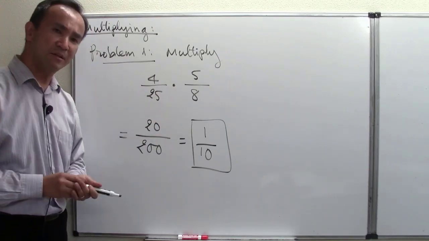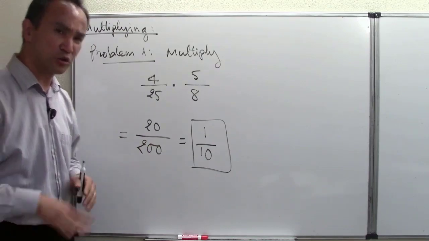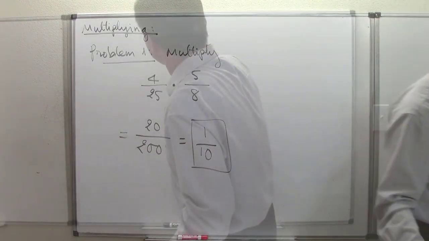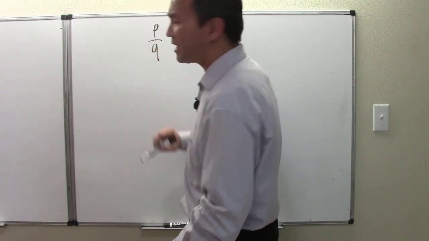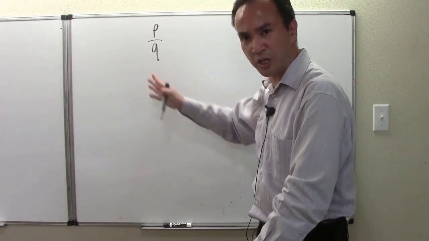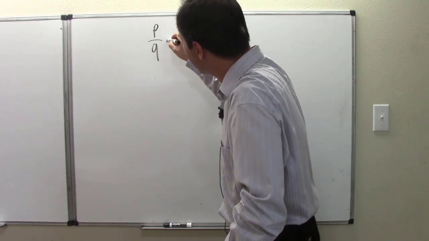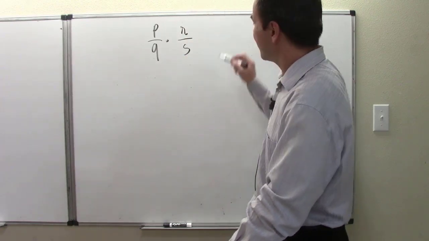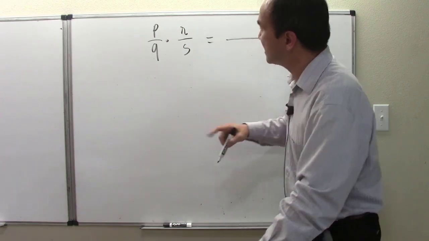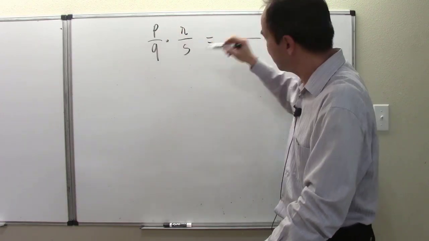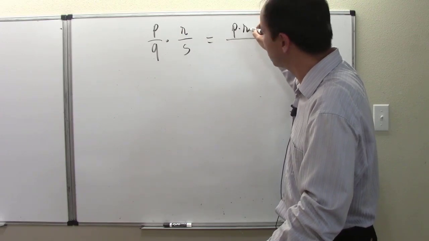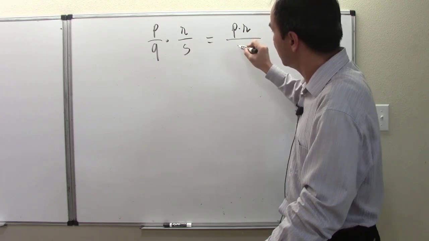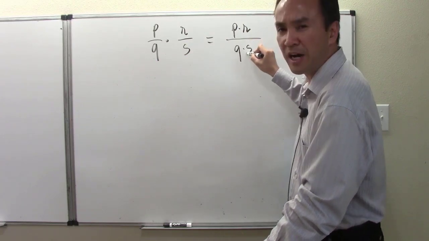Now allow me to remind you of one fundamental in terms of multiplying any two fractions. Anytime we have a fraction p over q, multiplying it with another fraction, let's say r over s, the final fraction is found by multiplying p with r to become our final numerator, and q times s to become our final denominator.